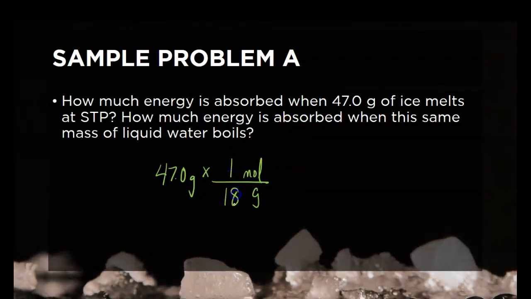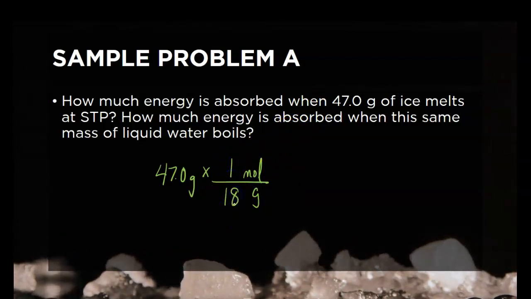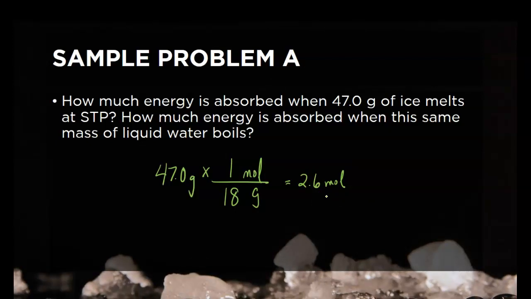Does this number look familiar? 18 grams per mole. Can somebody real quickly do 47 divided by 18 for me? About 2.6. So 47 grams is the same as 2.6 moles. I think you guys can figure this out.